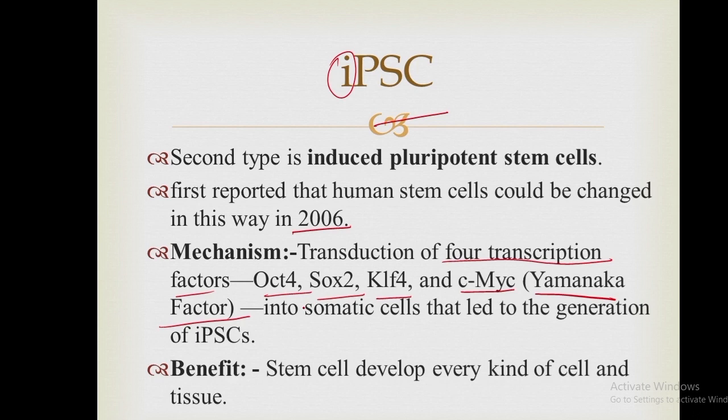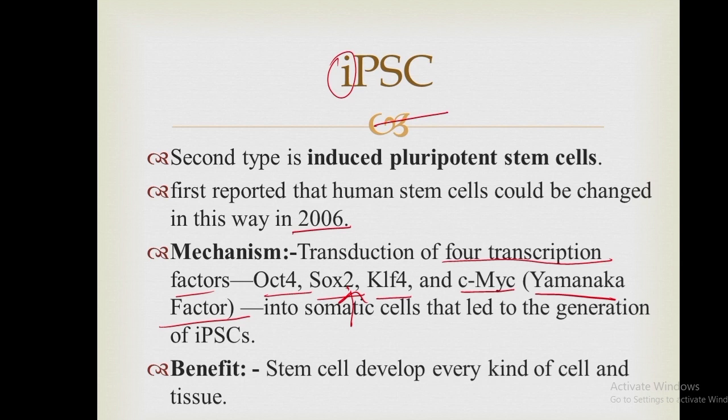So, in simple words, we can say that these are the four transcription factors which are responsible for the maintenance of the undifferentiated nature of a stem cell. So the researchers thought that if we artificially express these factors in normal cells, it can convert the normal somatic cell also into stem cells.